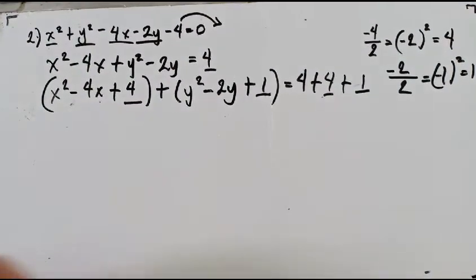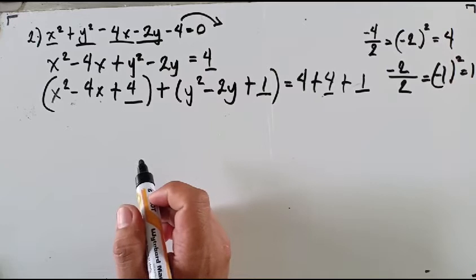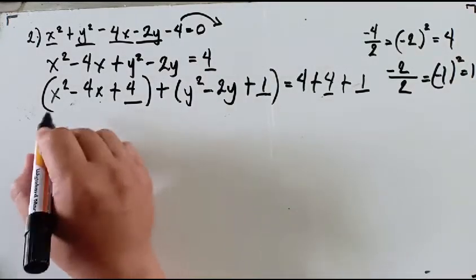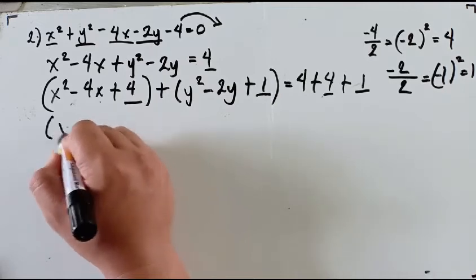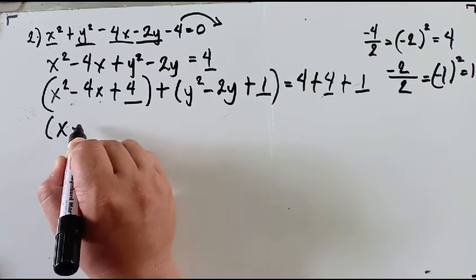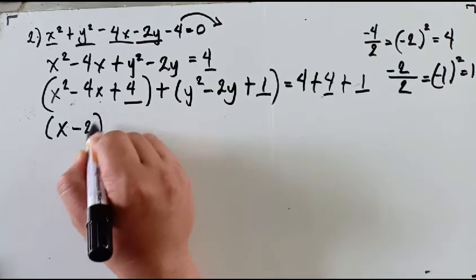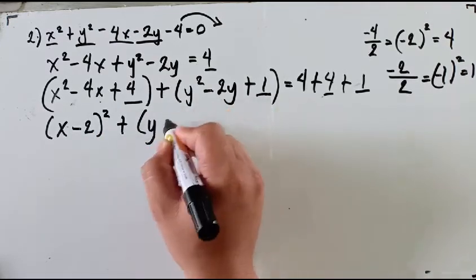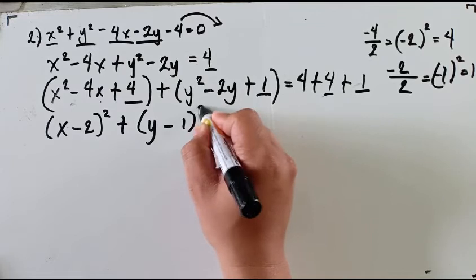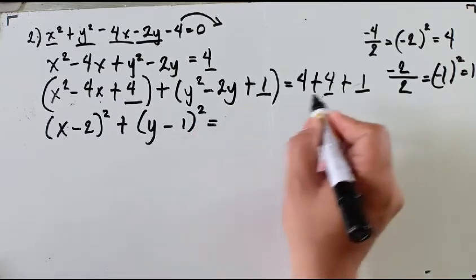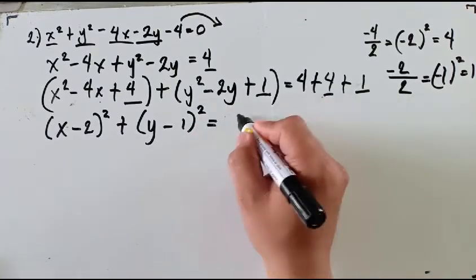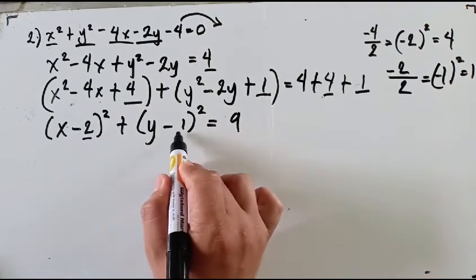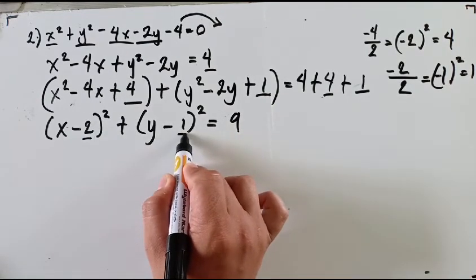Now let's simplify. Let's do some factoring here. So this would be equal to the quantity x minus 2 squared plus the quantity y minus 1 squared is equal to 4 plus 4 plus 1, which is 9. Where did the 2 and negative 1 come from?